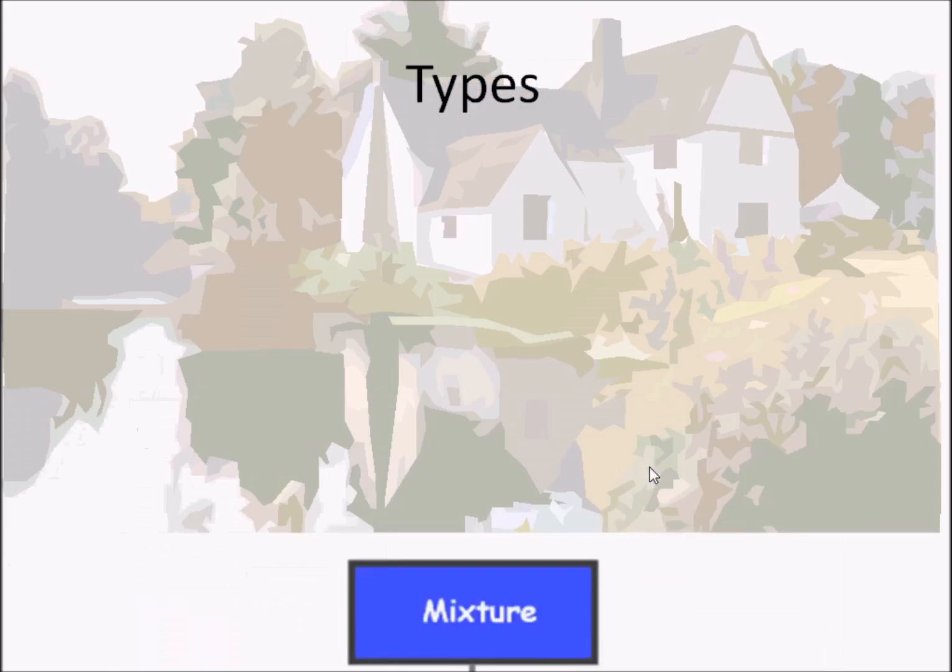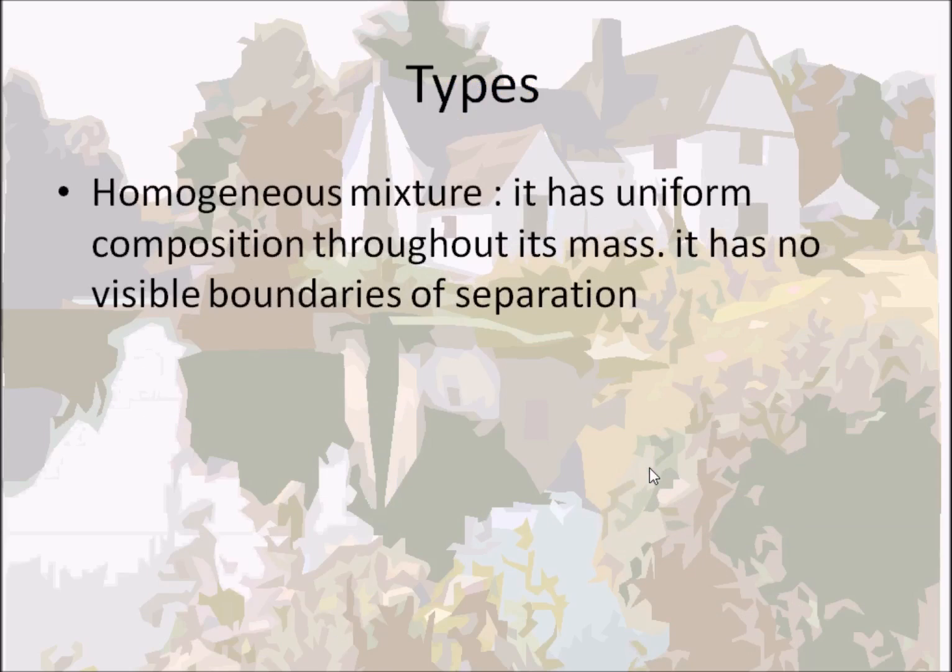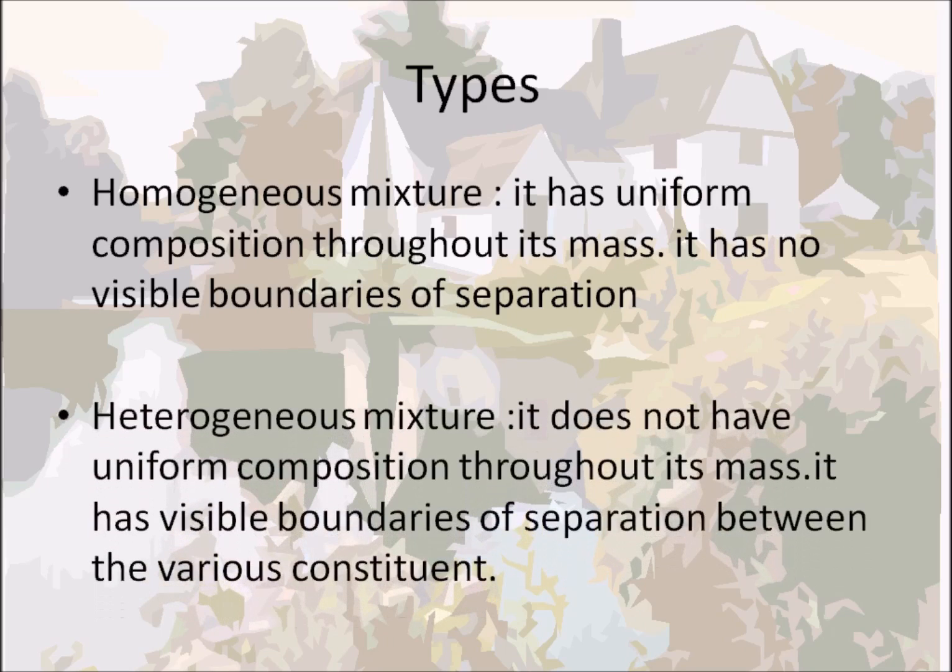So now we can define homogeneous mixture: it has a uniform composition throughout its mass and has no visible boundaries of separation. Heterogeneous mixture: it does not have a uniform composition throughout its mass. It has visible boundaries of separation between the various constituents.